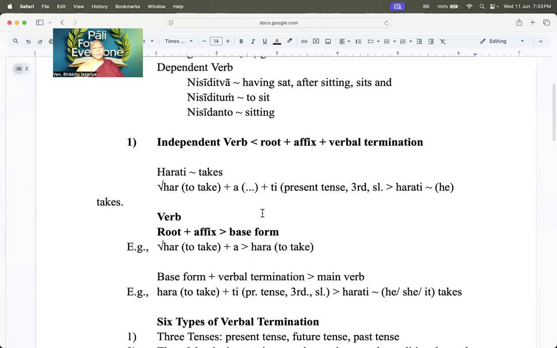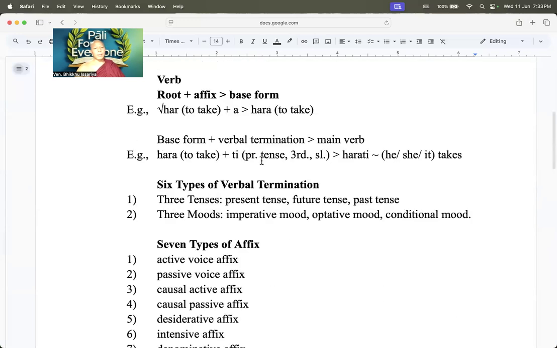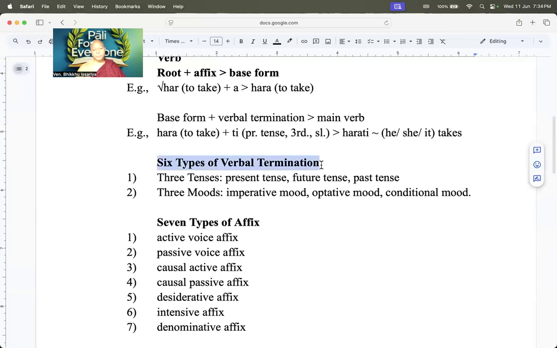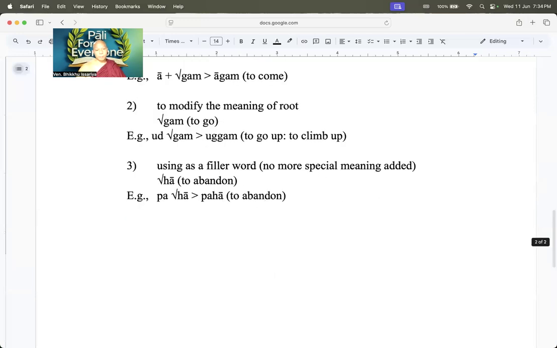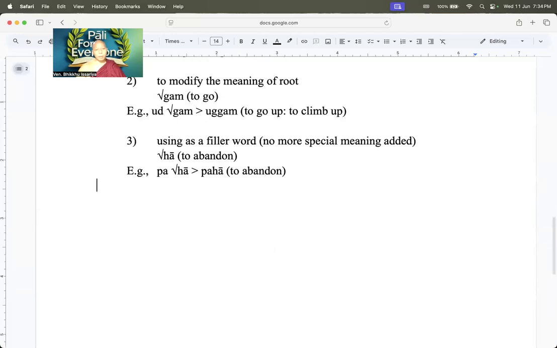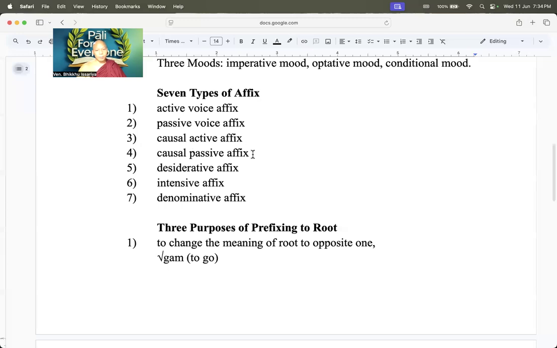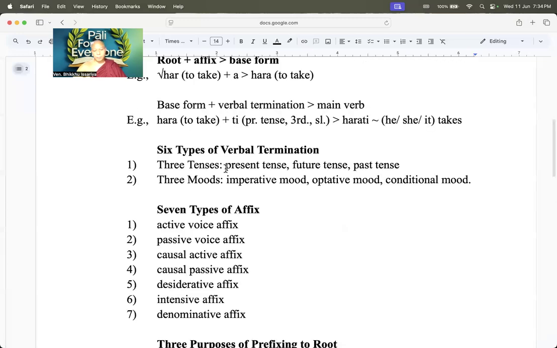So now let's go back to the 6 types of verb termination. Among these 6 types of verb terminations, the first one is present tense, and then future tense, and then past tense.